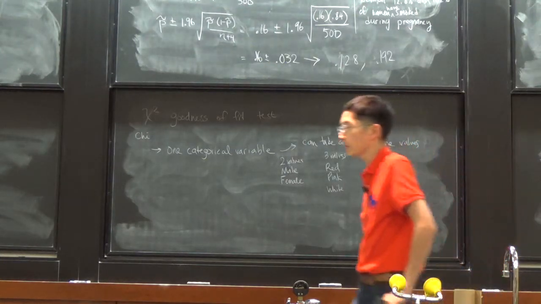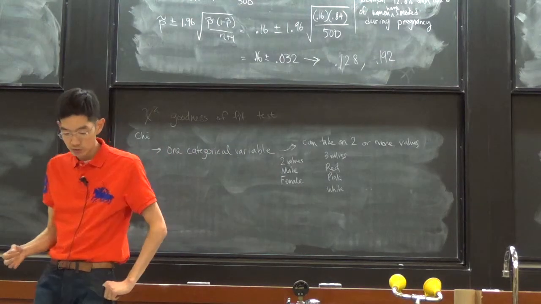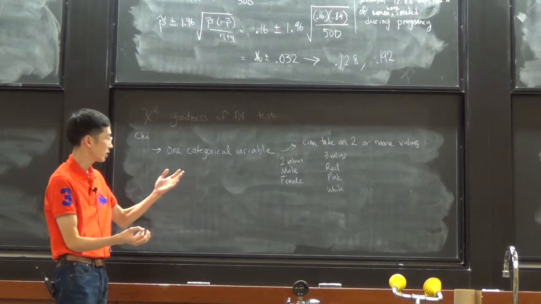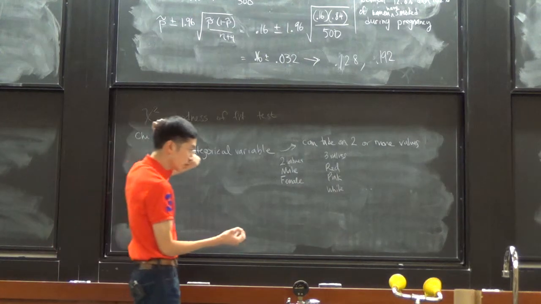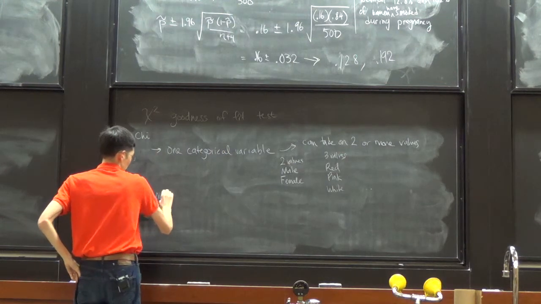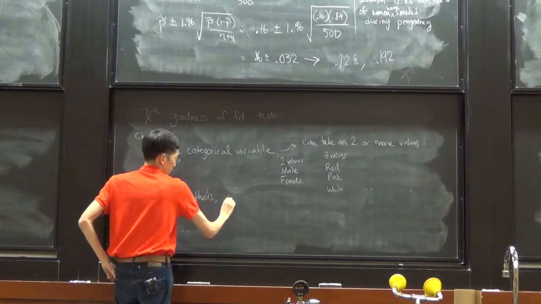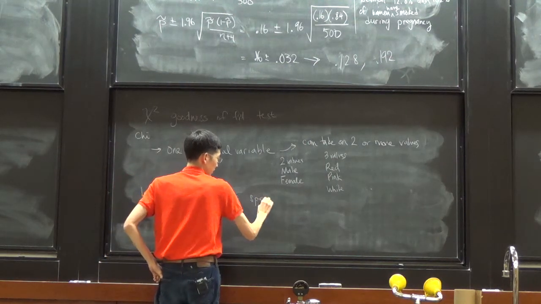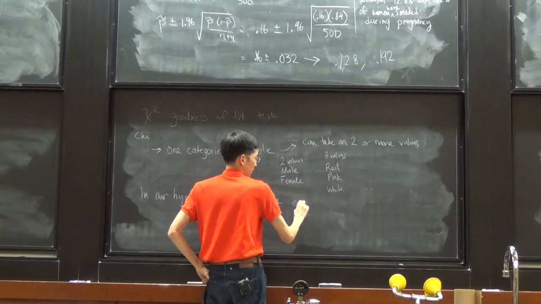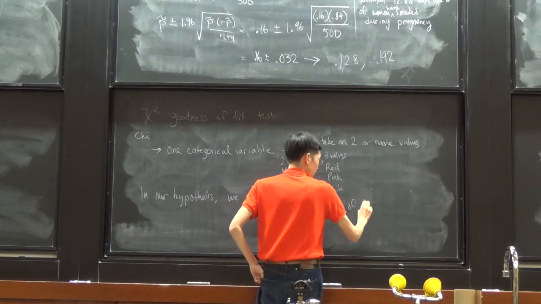And here we have an idea of the proportions for each of these values, for each category. So in our hypothesis, we specify our belief of the proportions for each category.